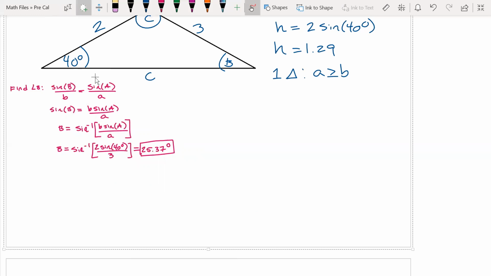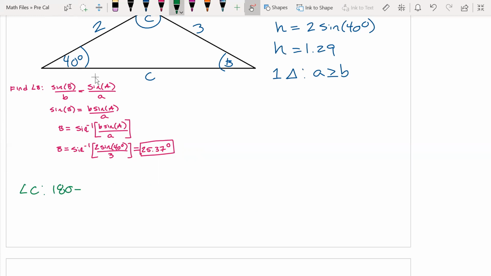So what this means is that if we have angle B, then we can definitely find angle C. So angle C is going to be 180 minus 40 minus 25.37, which will give me 114.63 degrees.